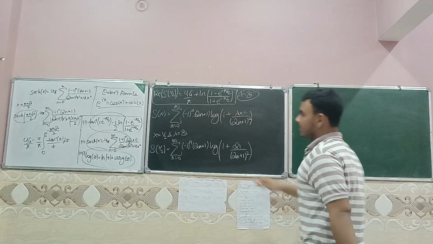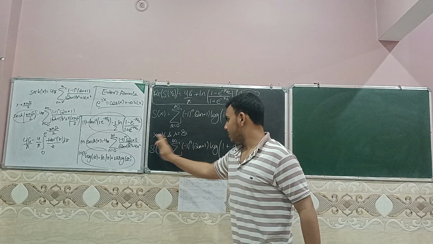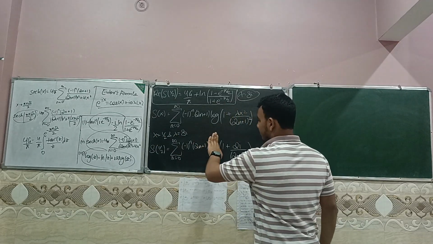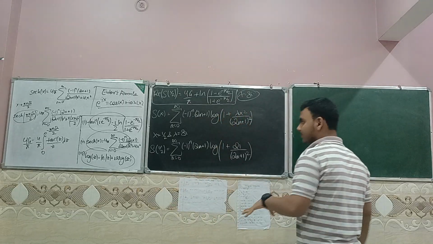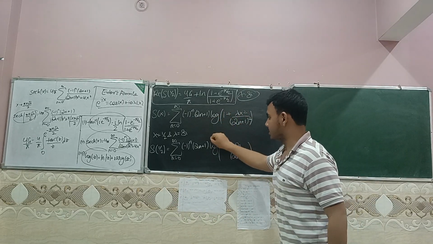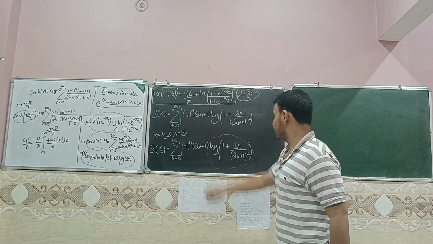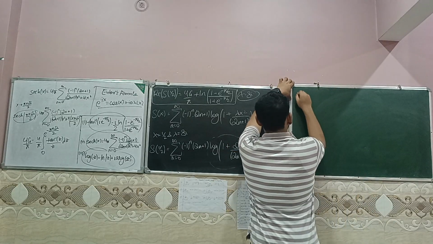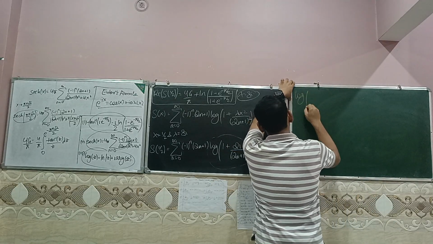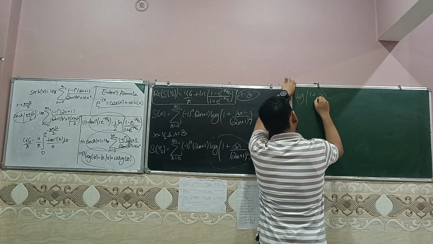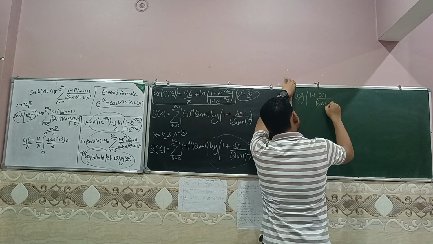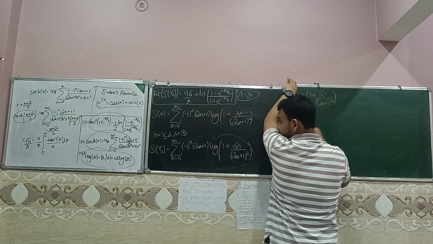I'm not looking for anything before this logarithm part. I'm just leaving it for some time. So log of 1 plus 2i over (2n plus 1) whole square.